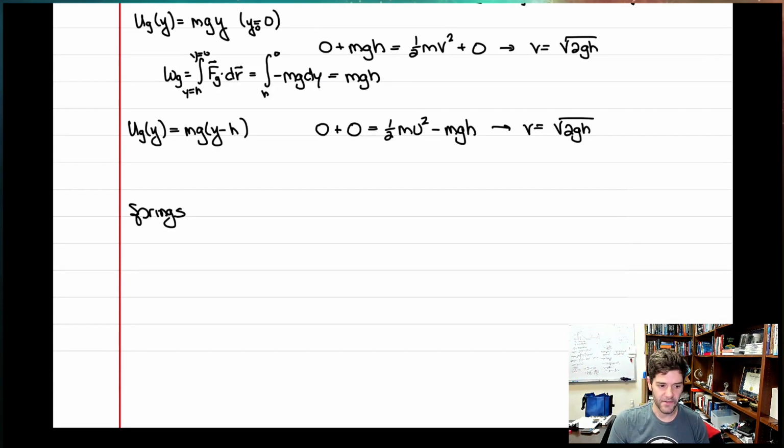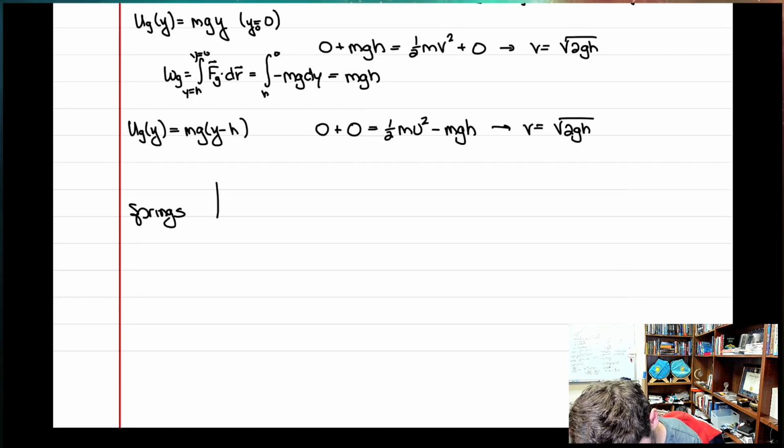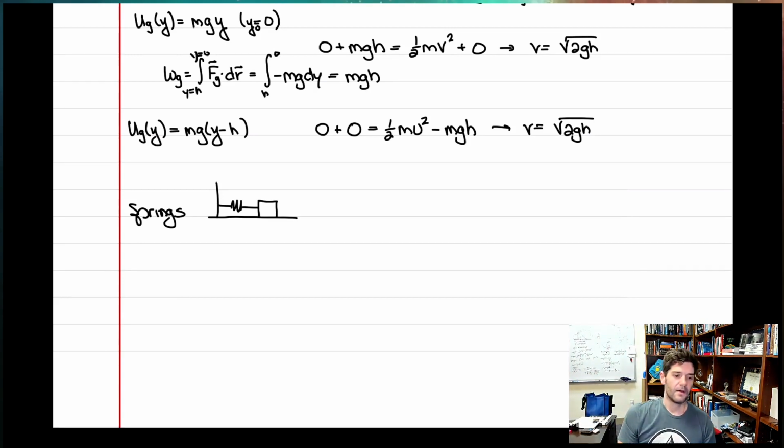I was thinking of saving springs until we got to oscillations, but we might as well do it now. Let's take the 1D spring. It exerts a force parallel to the spring, and if it obeys Hooke's law, it's a force that is linear in its displacement, how stretched it is or how squished it is.